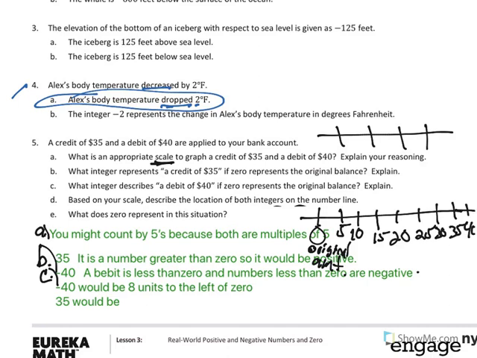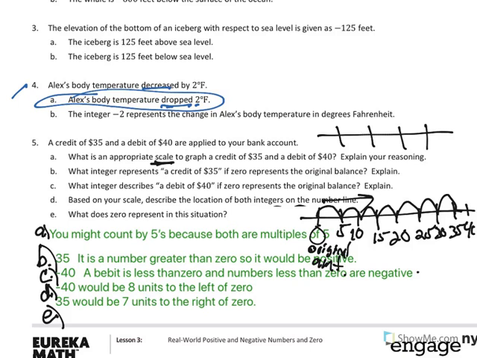If this was in increments of 5, and we wanted to start at 0, how many units would we have to travel to get to 35? Well, we would go 1, 2, 3, 4, 5, 6, 7 units, so 7 hops. So 35 would be 7 units to the right of 0.